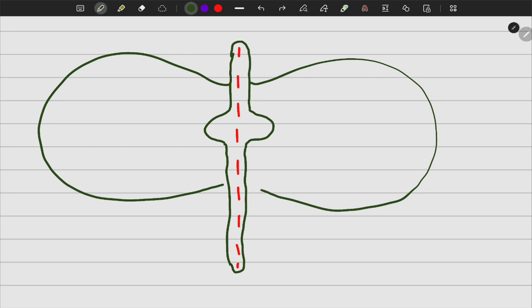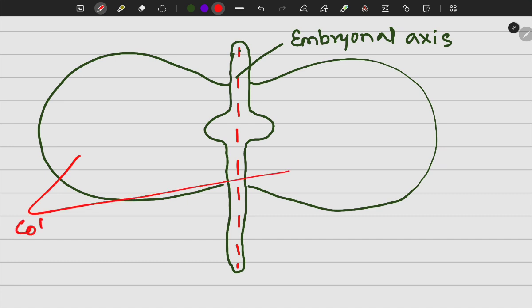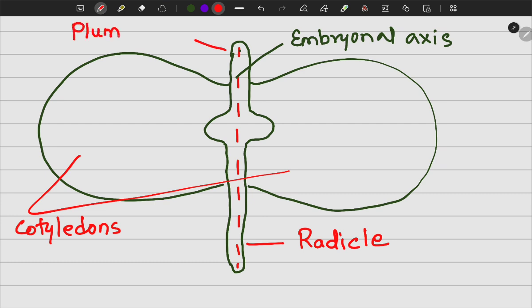These are the two cotyledons. Now if you remember, the lower part of the embryo from which roots develop is called a radicle, and the upper part from which the shoot develops is called a plumule.